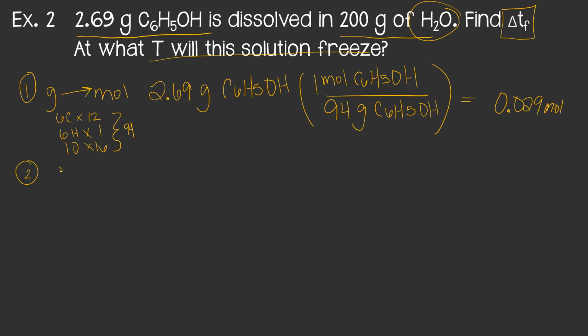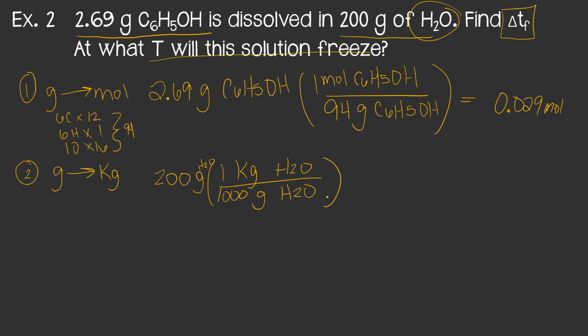Okay, step 2 is to go from grams to kilograms of solvent, which is water. So I have 200 grams water, 1 kilogram equals 1,000 grams. Doing that math. Okay, 0.2 kilograms of water.